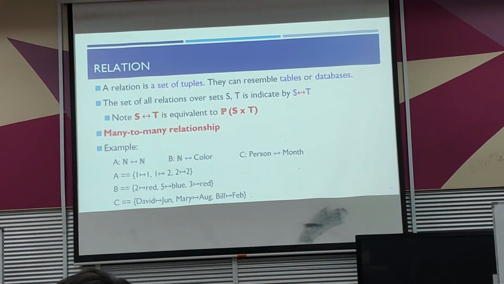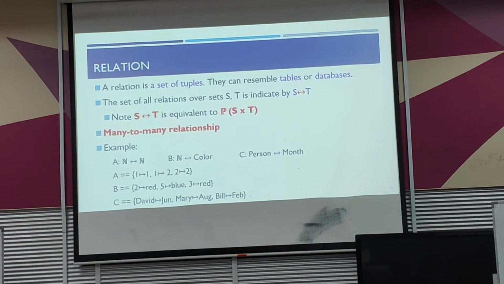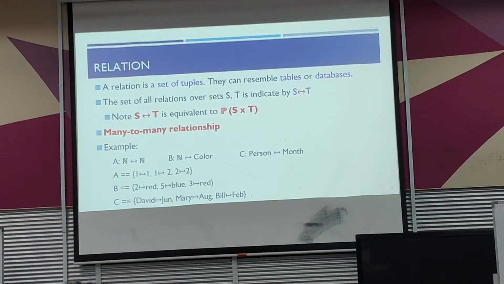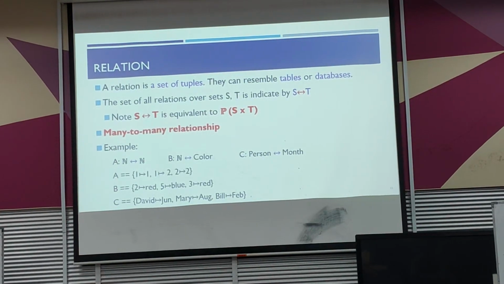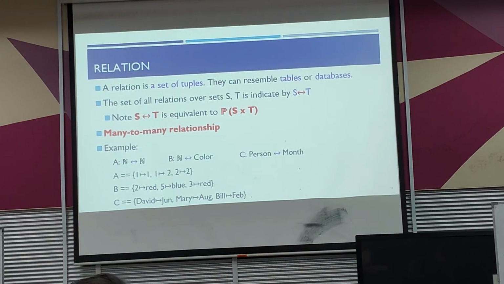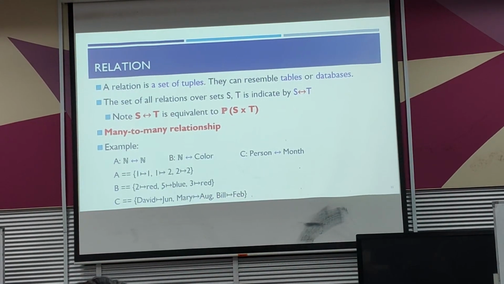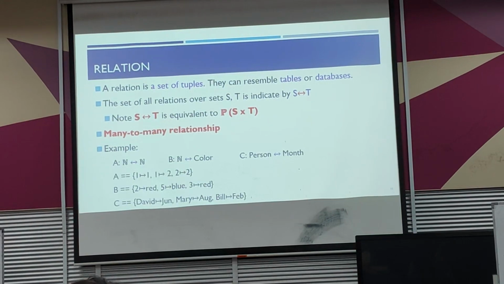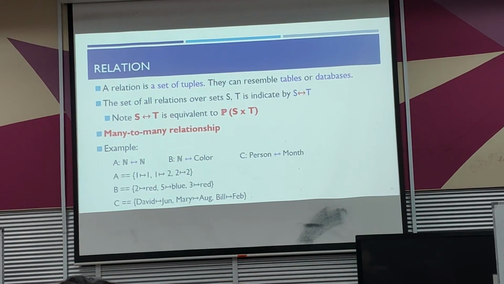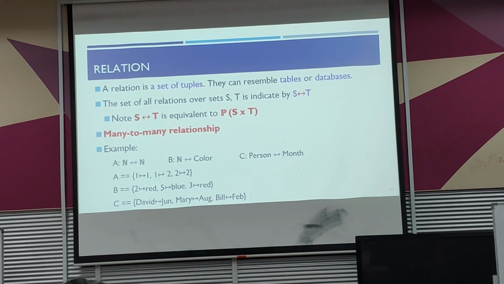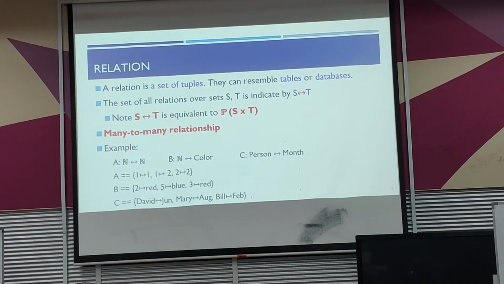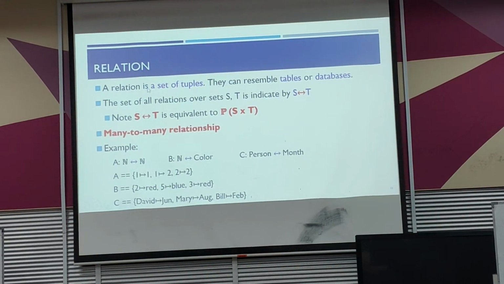This is where some of you ask me, do we need to resolve many to many relationships in our ER diagram or not? As I told you, no need, because we have a symbol to represent many to many. We call it the relation symbol. A relation also comes from a tuple, a pair.